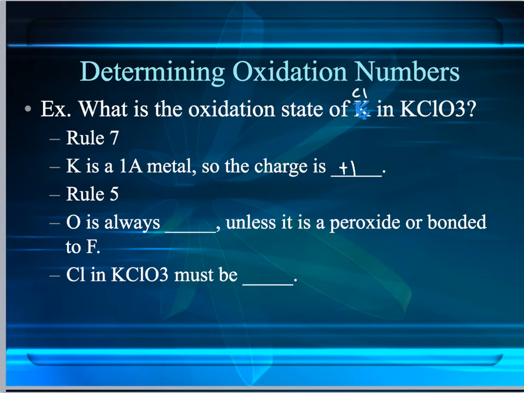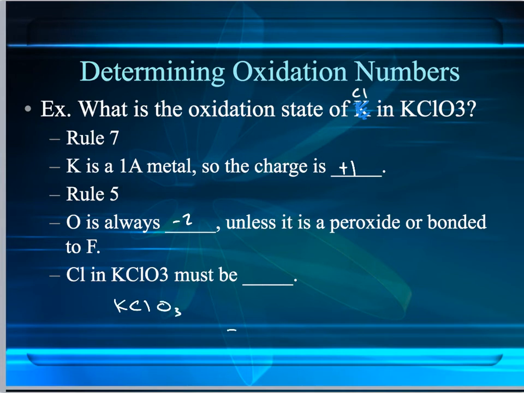Okay, oxygen, rule 5, is always -2 unless it is a peroxide or bonded to fluorine. This is not a peroxide. The name of that is potassium chlorate, so that's not a peroxide. So the question is, what's the chlorine's oxidation number here? And even though chlorine's a halogen and likes to form -1 as its charge, it's not its oxidation state in KClO3.